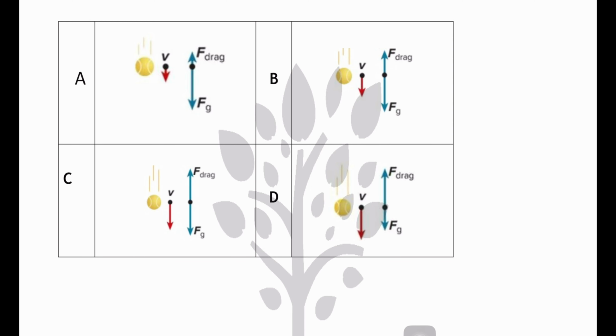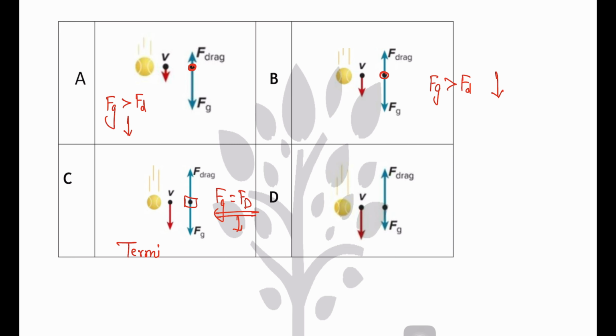Where you can show the terminal velocity. Okay, see. What is happening in the first case? Who is more? Can I say Fg is greater than F drag? It means the body will go down. Here Fg is greater than F drag, body will go down. Here Fg equals Fd. So which case is this?